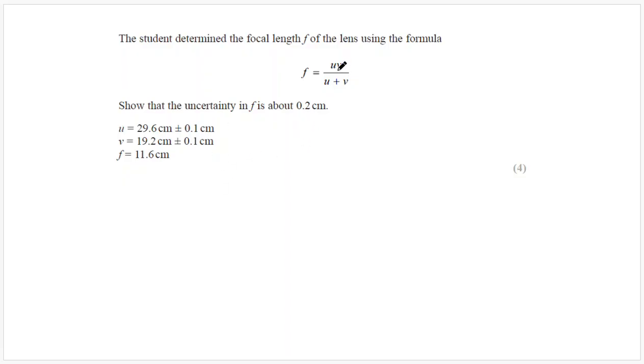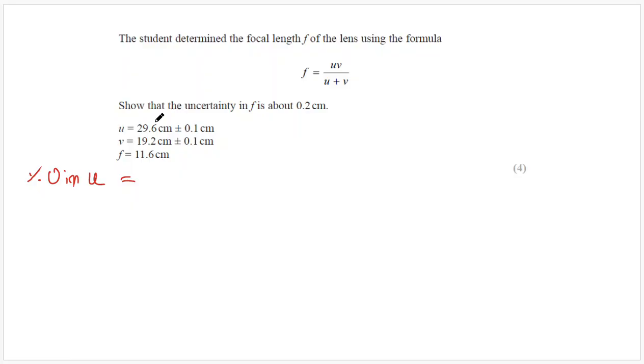So the first thing you have to do is find out the individual percentage uncertainties in U and V. So percentage uncertainty in U would be 0.1 divided by 29.6 times 100.